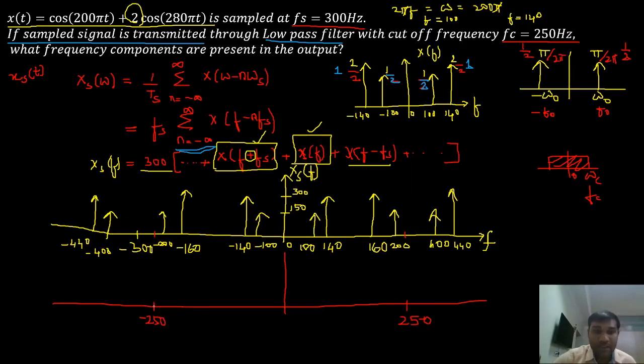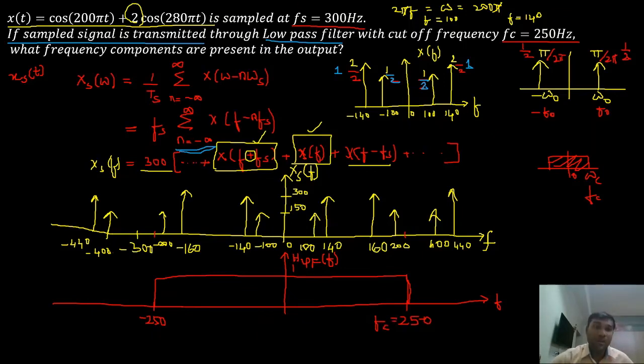In this range, my low pass filter looks like a gate function. They haven't specified any amplitude, so I'm considering 1. This is my low pass filter, H of F, and 250 Hertz is my cutoff frequency, Fc.